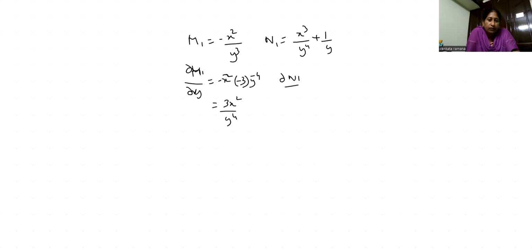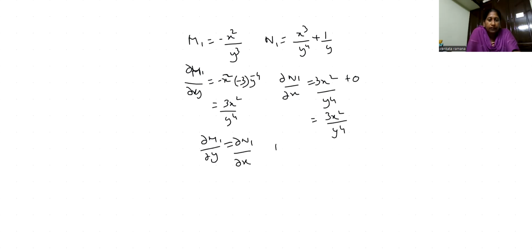Here y is constant, and the derivative of x cube is 3x square, so we get 3x square by y power 4. So finally ∂M1/∂y is equal to ∂N1/∂x, and we get the exact differential equation.